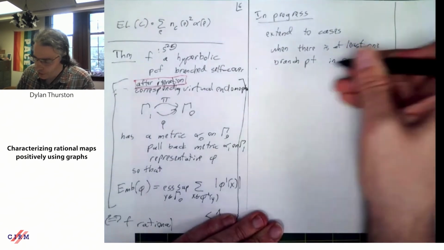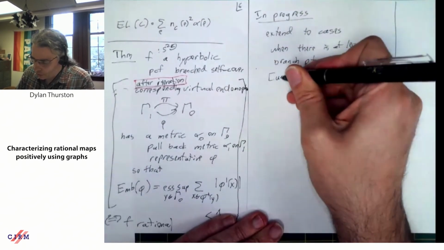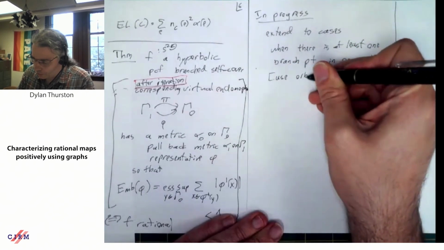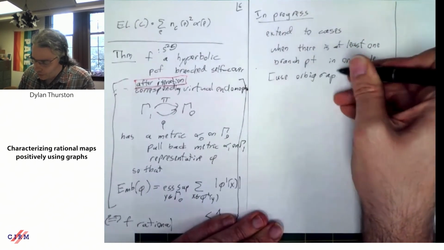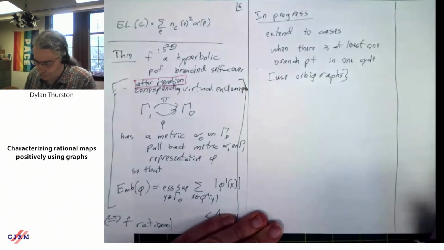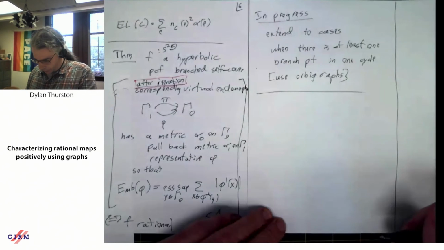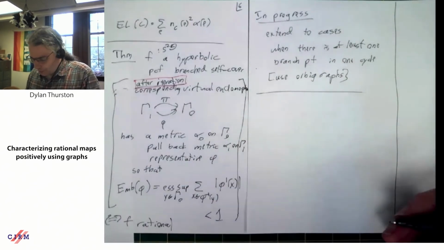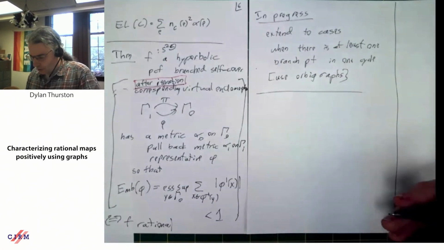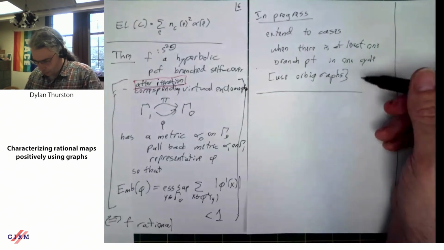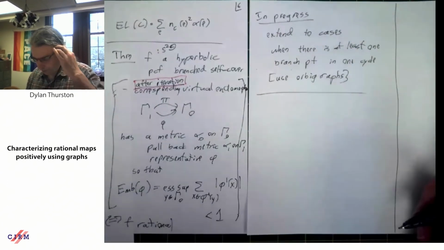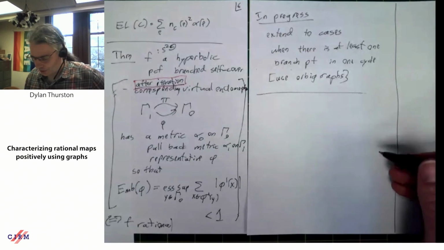The main annoyance here is that you need to use a theory of orbit graphs, which are probably more subtle than you think they are. But in principle, this is straightforward. I have not yet written it up.